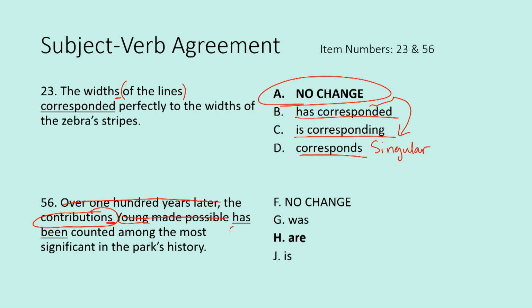Has been is singular. So which of these verbs over here is plural? Well, we know was is singular, and we know is is singular. So the only one that works is are, because that one is plural.